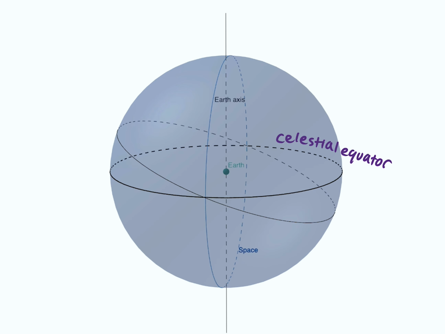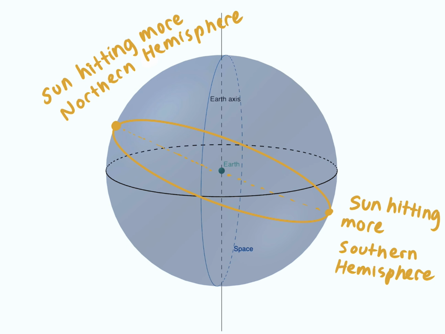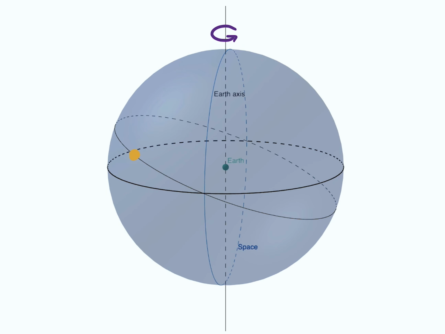Now the celestial equator is flat, and the sun's path from Earth's perspective is on a tilt. So remember, the length of the day is determined by how long it takes for a location to rotate back around to face the sun. So because Earth is rotating around its axis, we don't care about when this cross-section reaches the sun, we care about when this cross-section does.